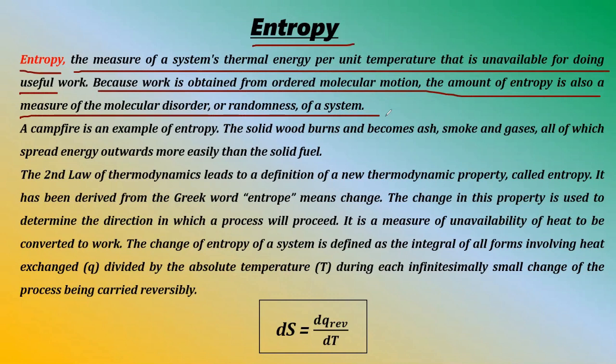We have to remember that entropy corresponds to thermal energy per unit temperature which is unavailable for doing work. This is denoted by this formula, the change in entropy, dq reversible by T. From this, we can explain whatever I have been telling you.